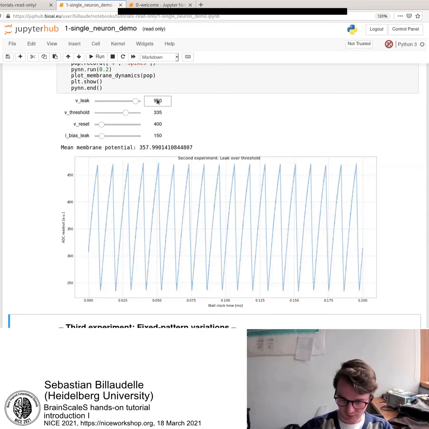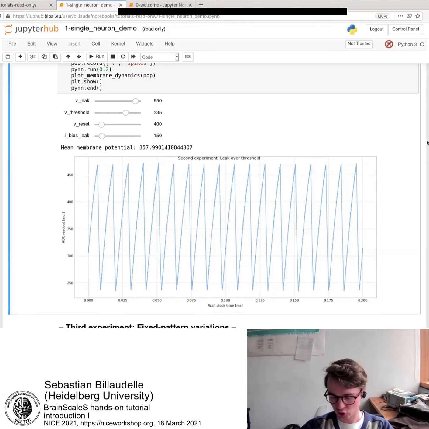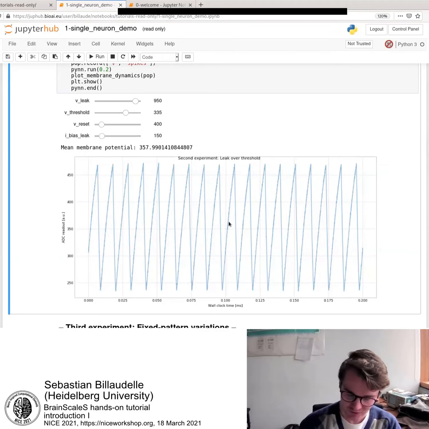For example, V leak and V reset do share a scale, but V threshold, you see the number is actually below the reset, but there's an additional shift. So don't be fooled by these numbers. Just have a look at your membrane behavior. This is kind of the ground truth. This is just the intricacies of analog circuit design, but for the end user, that is completely hidden, and you will see later how we do this.